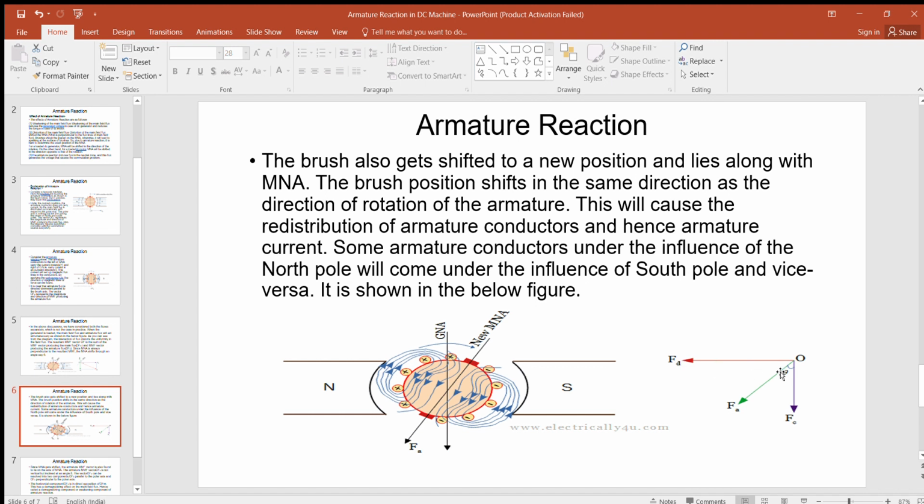Now OFC is in the perpendicular direction to OFD, and this is perpendicular to the main field flux, so it distorts the main field flux, and this is the cross magnetizing effect of the armature reaction.